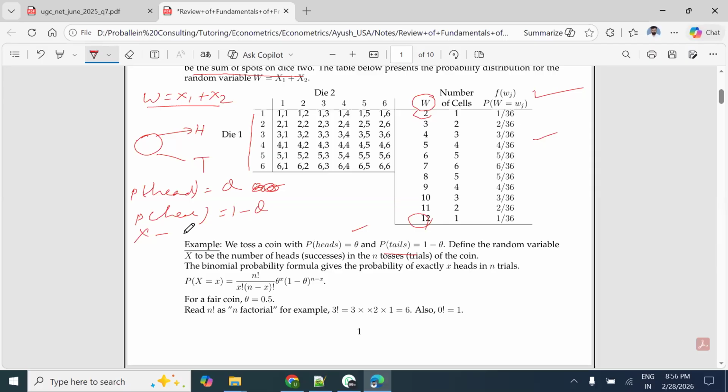So basically, as I told you, this is the probability mass function.